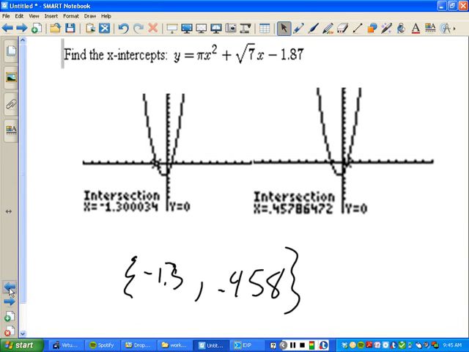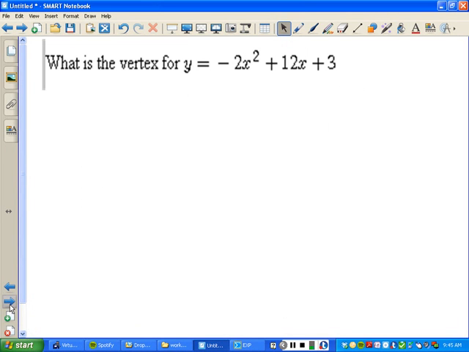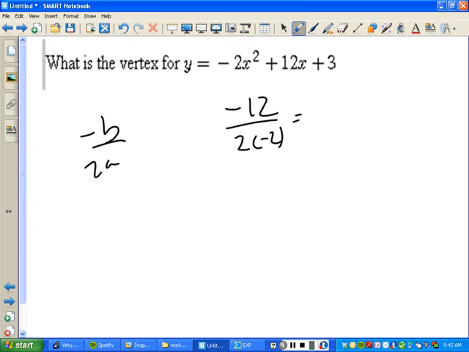If your thought when you see this is to use the quadratic formula, you clearly don't like technology. This one, you don't get to use technology. You've got to be able to do it on your own. So how do you find the vertex? Negative b over 2a. So negative 12 over 2 times negative 2. So this is negative 12 over negative 4, which is 3.